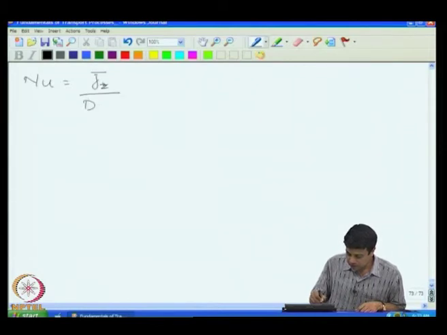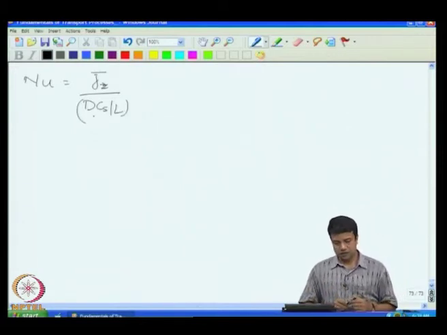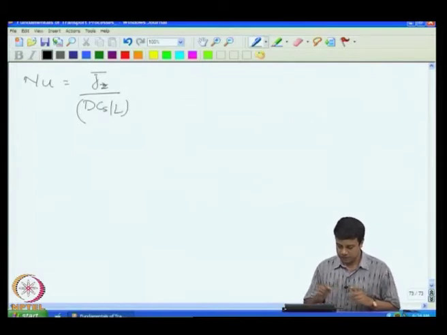divided by D Cs by L, because D is the diffusion coefficient, Cs is the scale for the concentration field, the average concentration difference between the surface and the fluid, and L is the length scale in the problem.